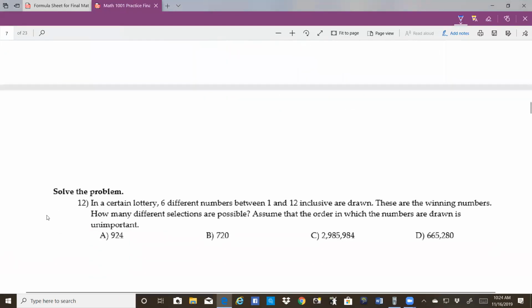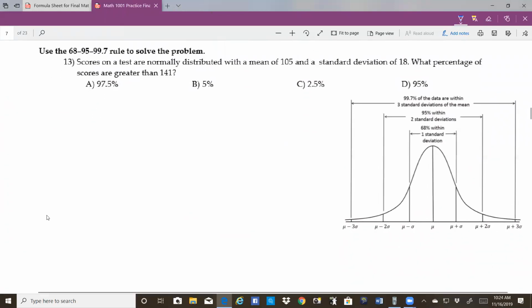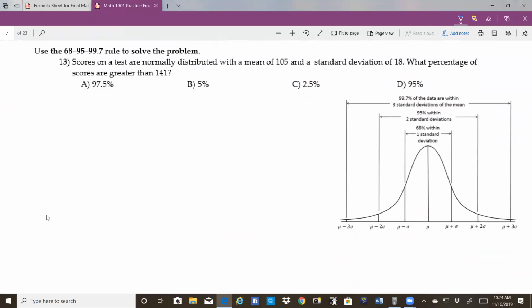So let's go ahead and bring up the standard deviation chart, which is on your sheet. The mean is 105, the mean plus one standard deviation is 123, and the mean plus two standard deviations is 141.